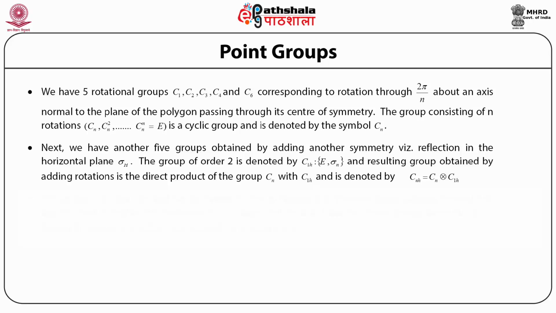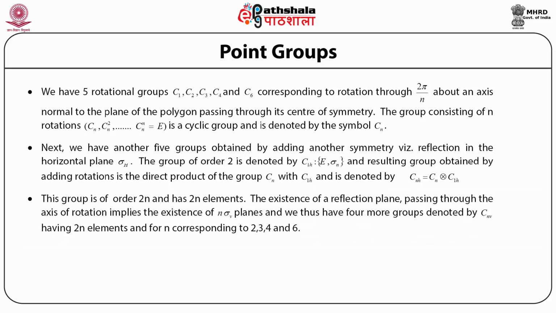So we have 5 groups C1, C2, C3, C4 and C6, and 5 more groups CNH obtained by the direct product of these groups Cn with the group C1h. This group is of order 2n because Cn is a group of order n, and CNH is the direct product of the 2 groups. So this group is of order 2n and has 2n elements.